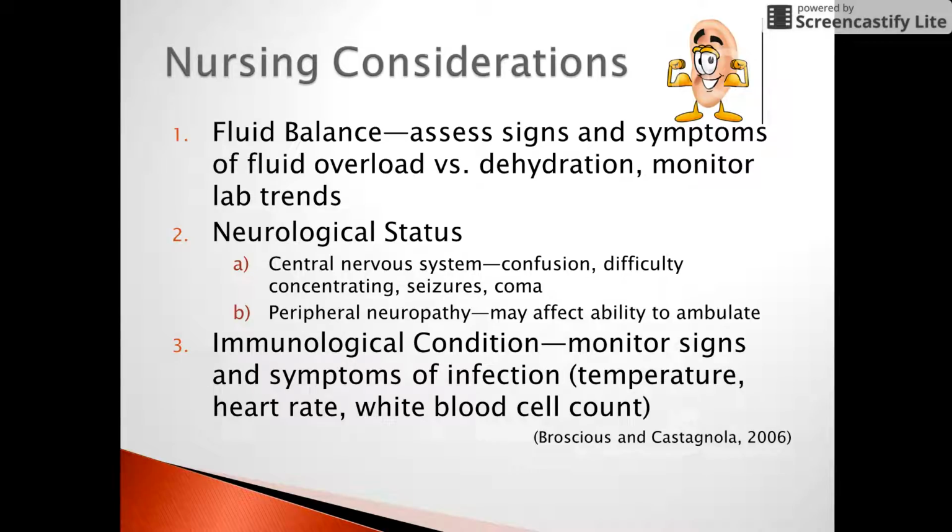It can also produce motor function defects, so these patients may need help with ambulation. A third consideration that may get overlooked is immunological condition, as toxin buildup also affects the immune system. Nurses taking care of renal patients need to monitor for signs and symptoms of infection, including skin infections, which we'll get to later, including temperature, white blood cell count, and heart rate.